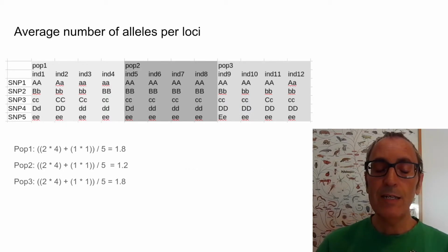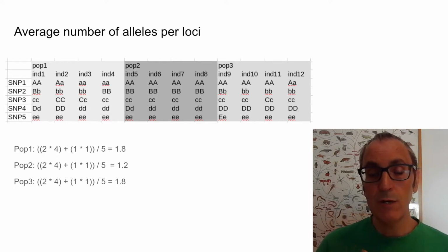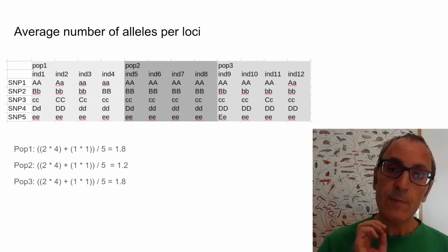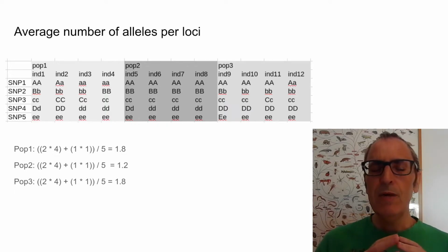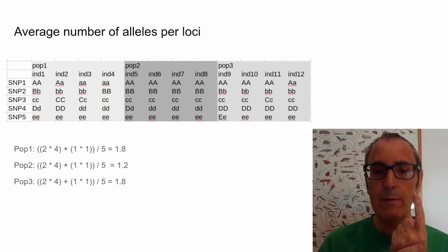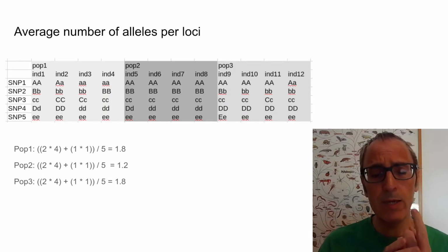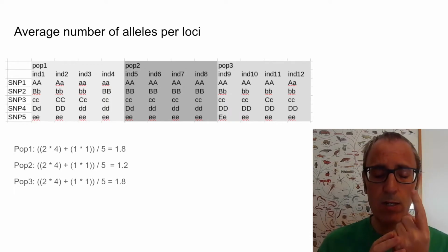There's another index that is sometimes used, not as used as the other one, but you can also use it. It's the mean number of alleles per locus. Imagine that we have a locus with only one allele. That locus would be fixed. There's only one, it's fixed.